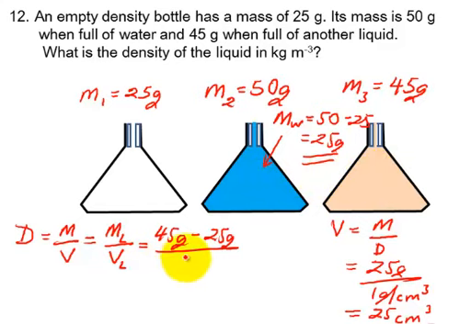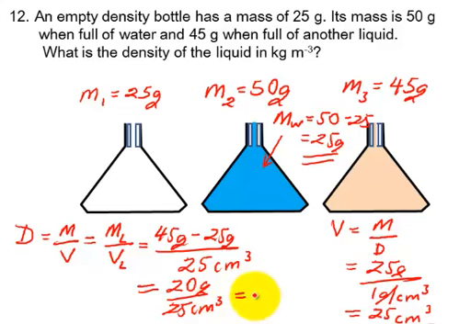So we quickly come here and divide this one by 25 centimeters cubed. 45 minus 25 is 20 grams, divided by 25 centimeters cubed, and this gives us 0.8 grams per centimeters cubed.